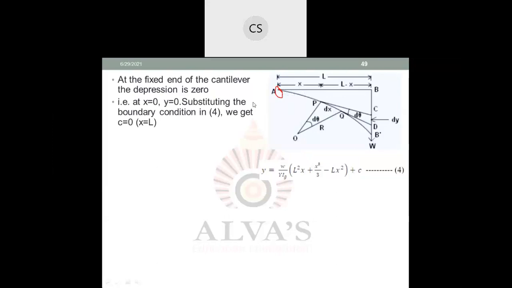Okay, so if you substitute this boundary condition, x equal to 0, y is equal to 0, what do you get? What happens? So you will get x is equal to L, correct?